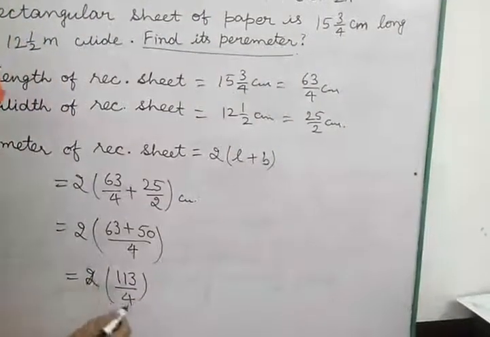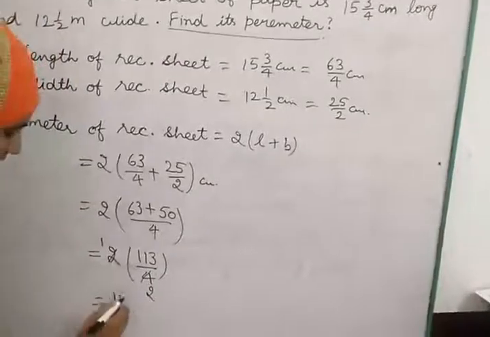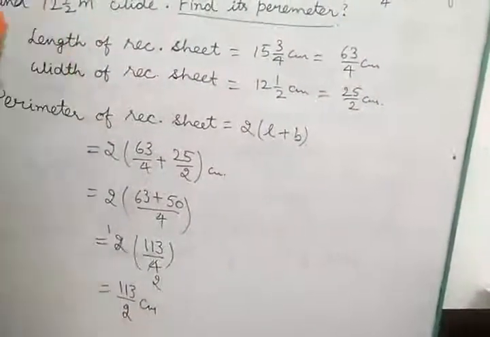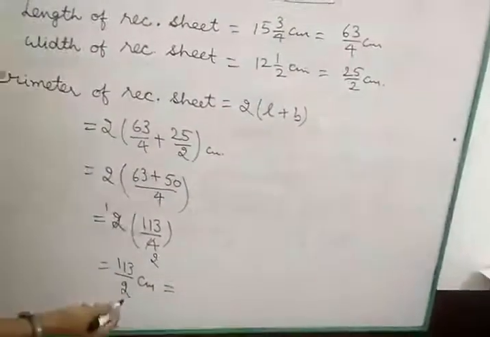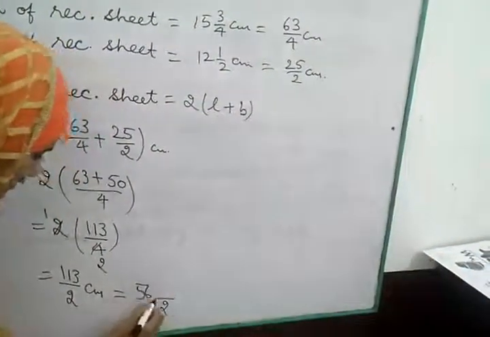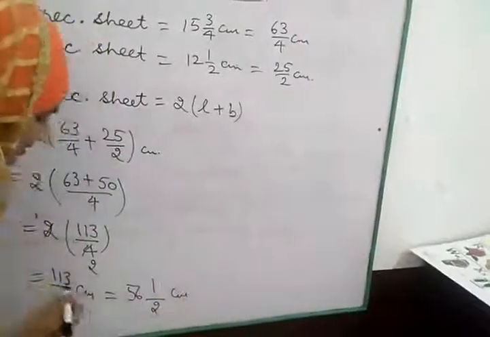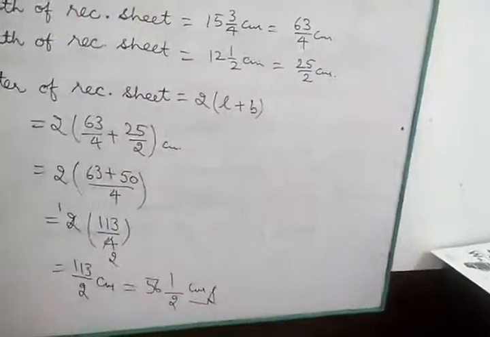Now 2 can be cancelled out by 4: 2 ones are 2 and 2 twos are 4. 113/2 centimeter. We can convert it into mixed fraction: 56 twos are 112, plus 1, 113. So 56 1/2 centimeter is your answer, the perimeter of the rectangular sheet.